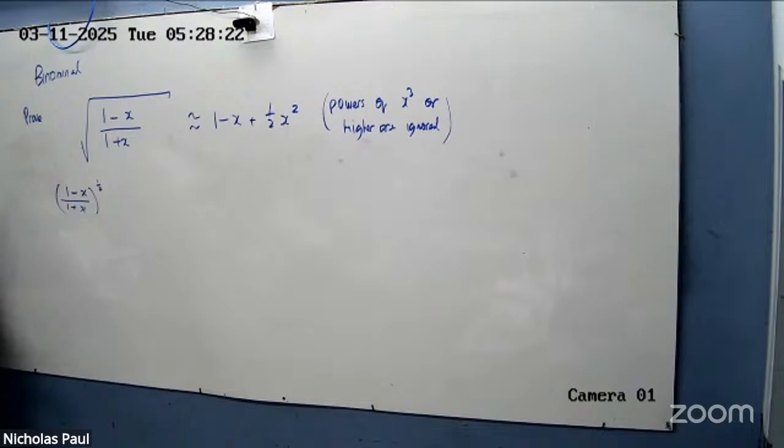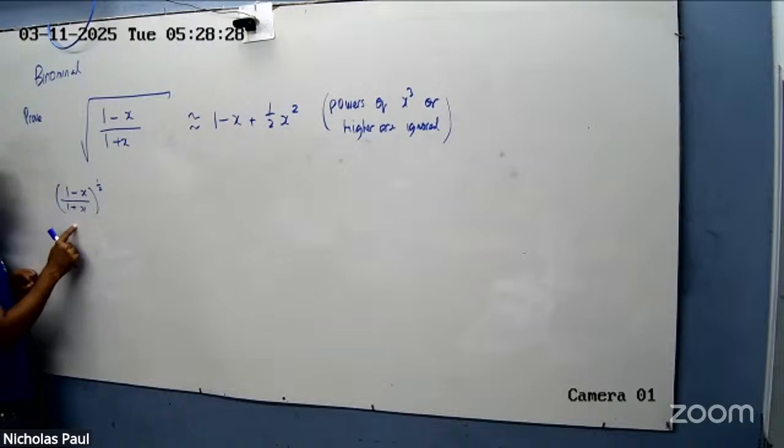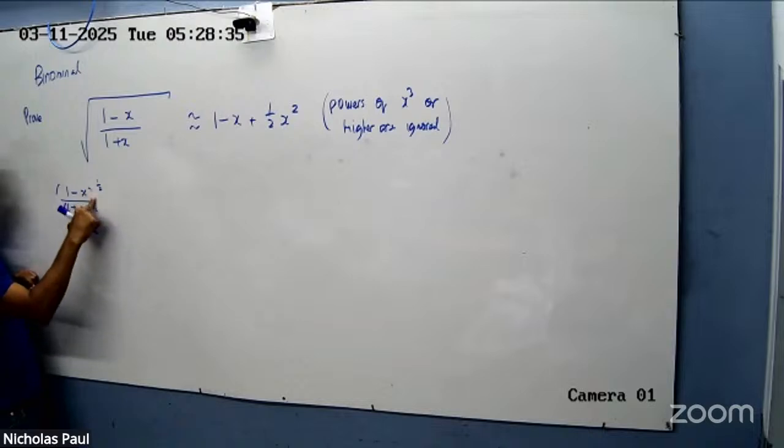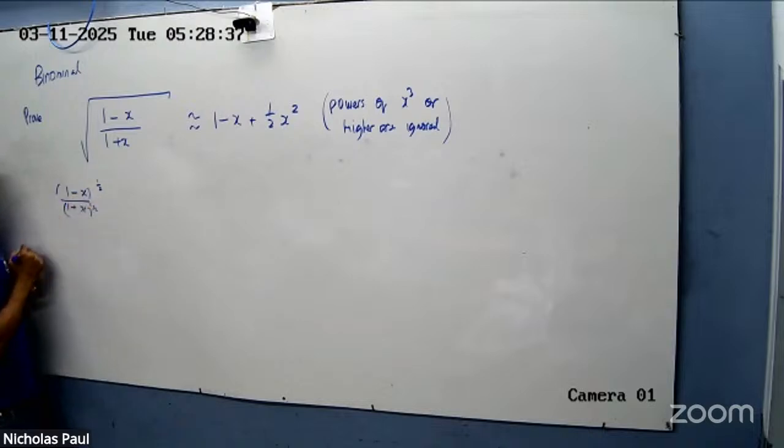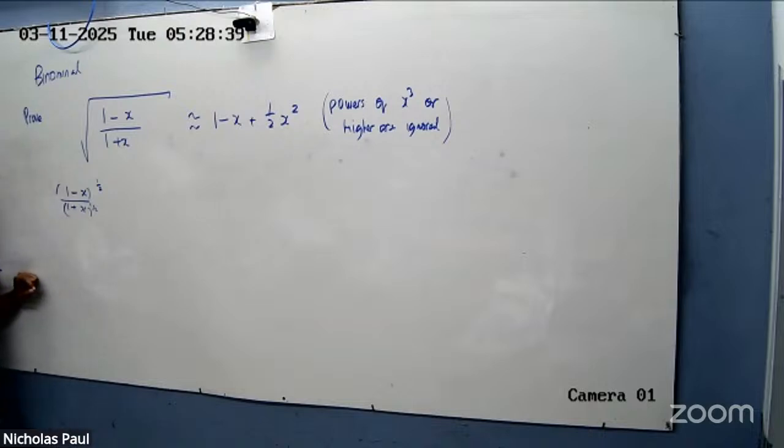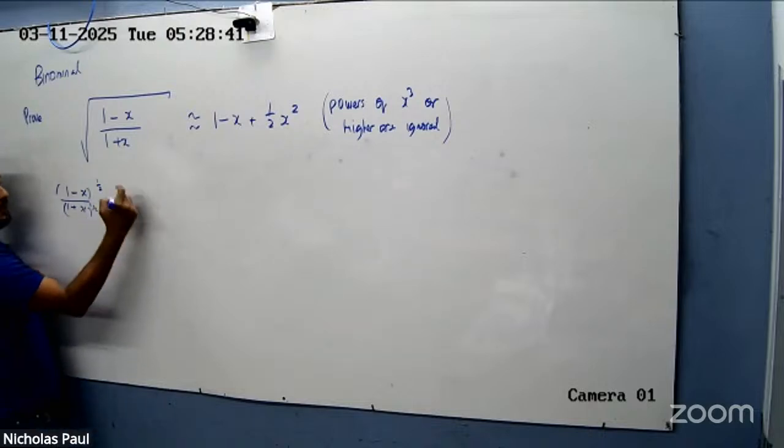So if I break this up, this simply means both of them to the power of a half. But instead of dividing, I want to make it a little easier. Carry the bottom on top.